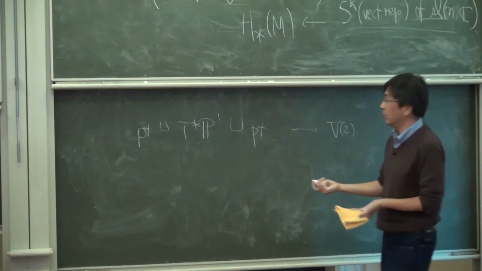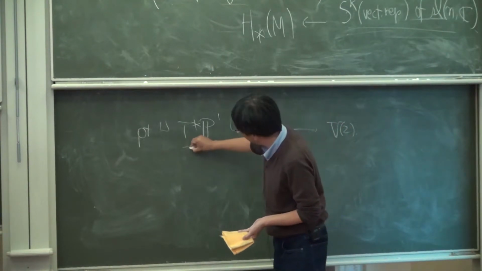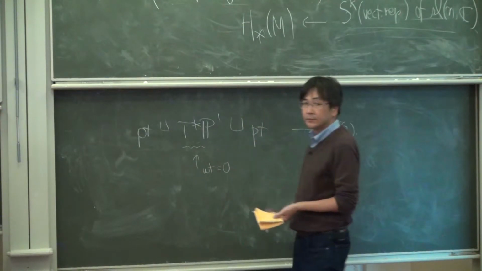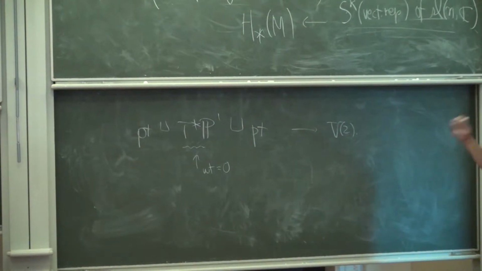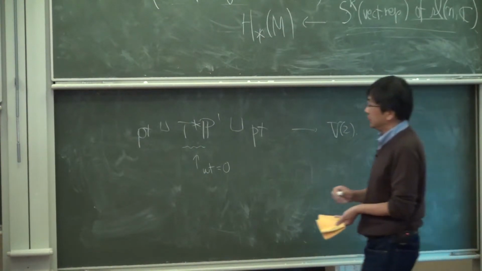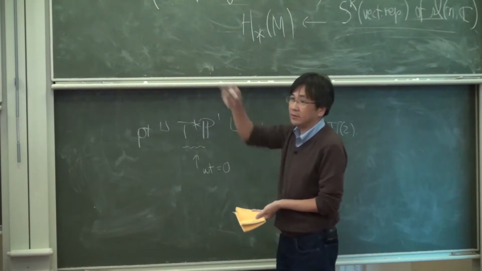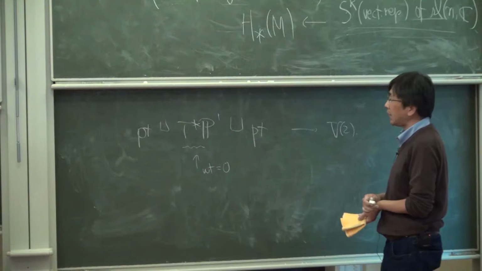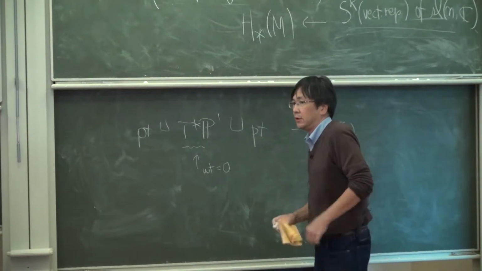And it's known that this is the weight zero space. H acts by zero. And on the weight zero space, you have an action of the Weyl group. And this Weyl group representation is the same as the Weyl group representation which appeared in Springer theory. So in that sense, the two examples are connected.